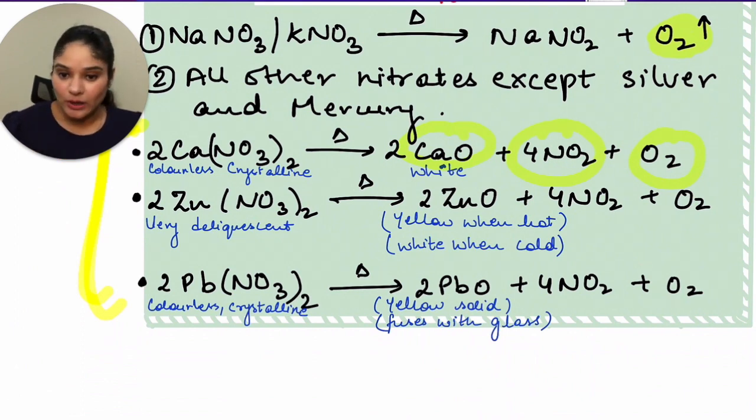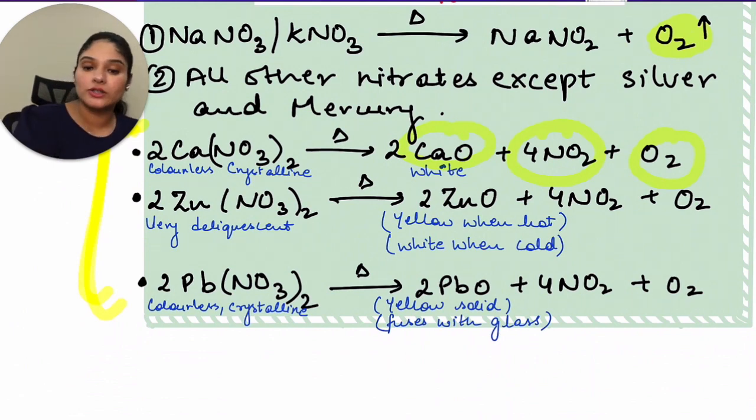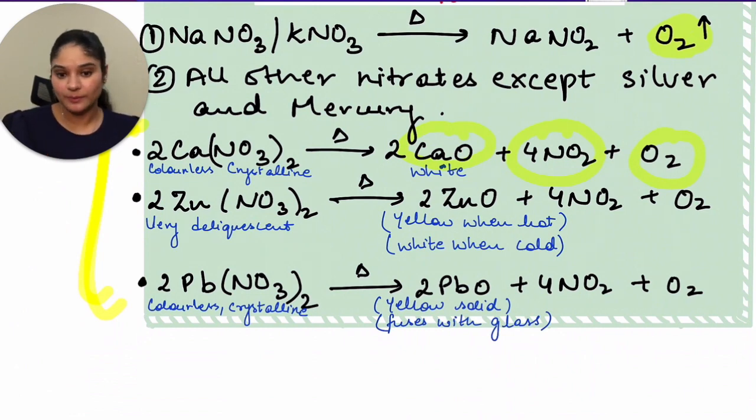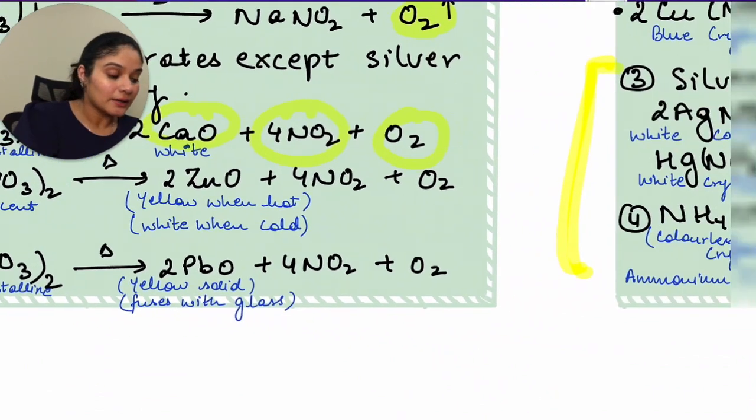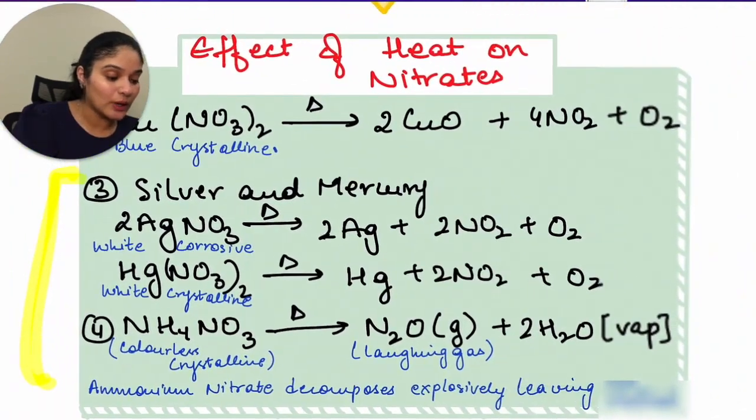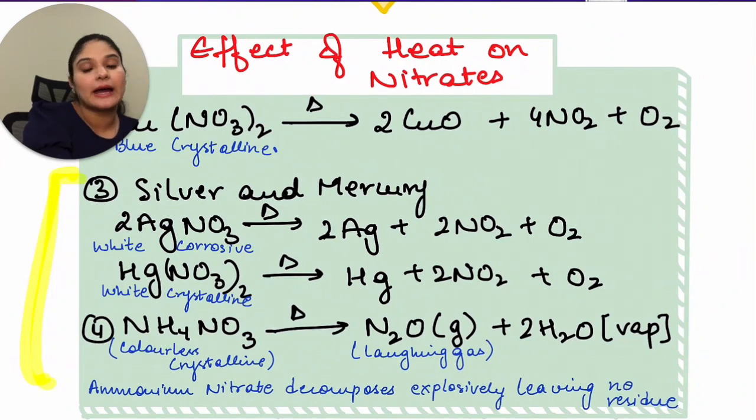Lead nitrate is a colorless crystalline compound which gives you a yellow solid which fuses with glass. Now let's move to the next one. Copper nitrate will give you copper oxide, nitrogen dioxide and oxygen.